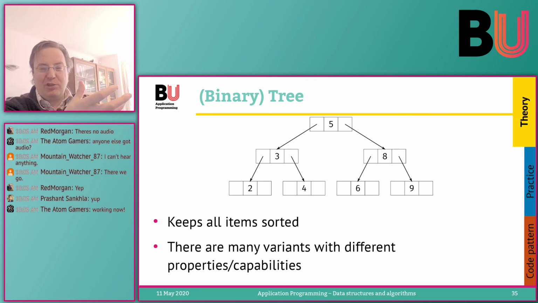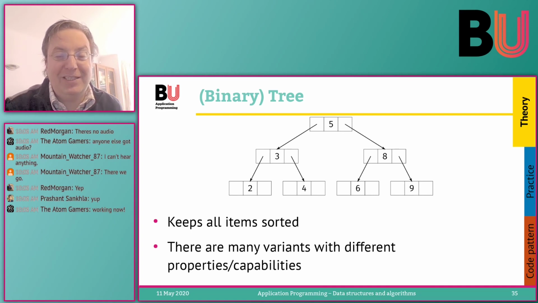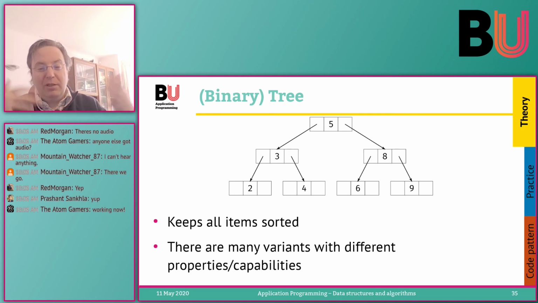An array list is sorted in the order of adding stuff, not sorted in the order of the elements. So in this case, a binary tree needs your elements to be sortable. They need to have a natural order. Or a sorting function that provides this capability.